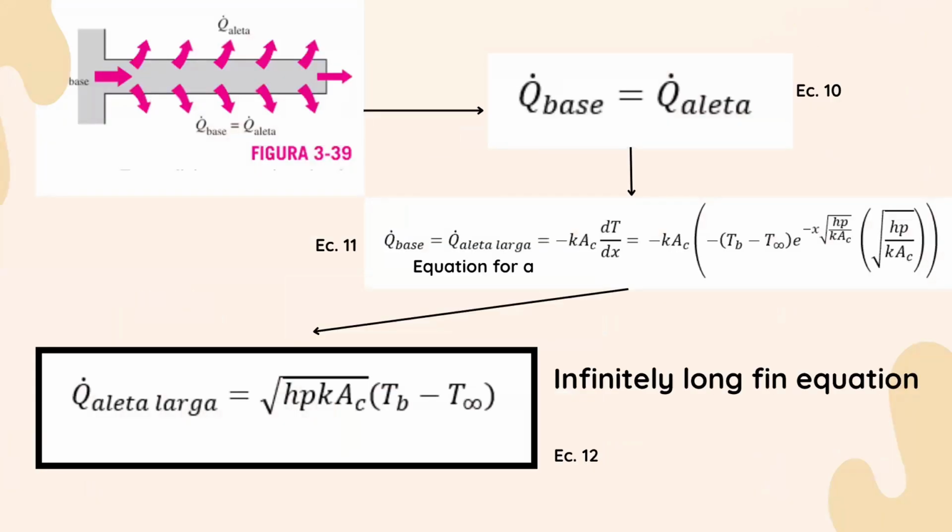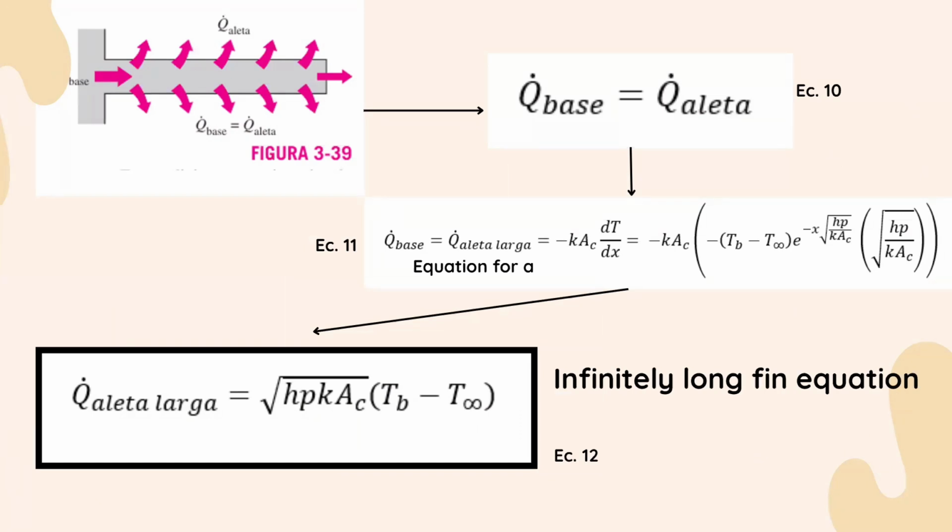Now, here is a relation between the heat conduction at the base and the heat of convection at the surface of the fin. This heat is equal because the system is in a steady state.